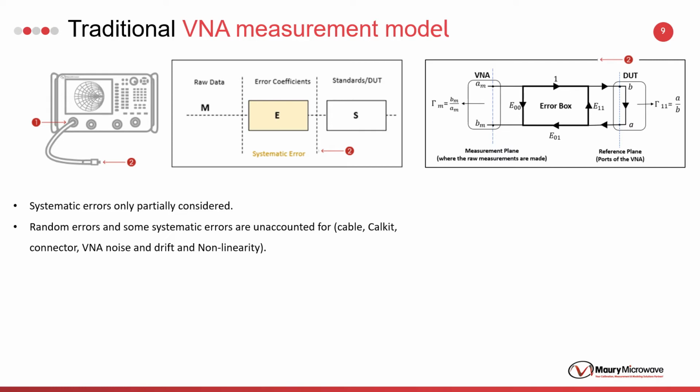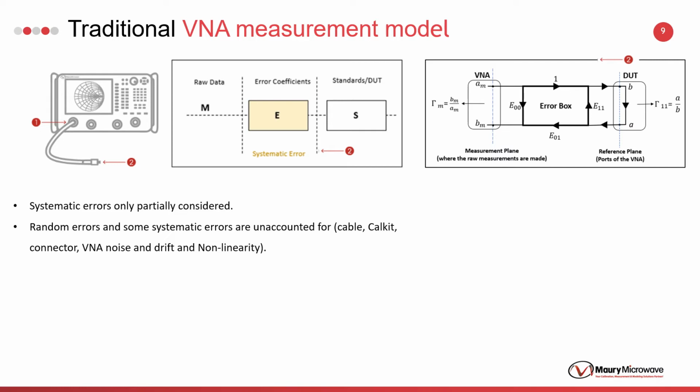The DUT and the Cal standards are connected to the reference plane denoted by 2, and raw measurements, raw data are acquired by the VNA inside the VNA in the receivers.